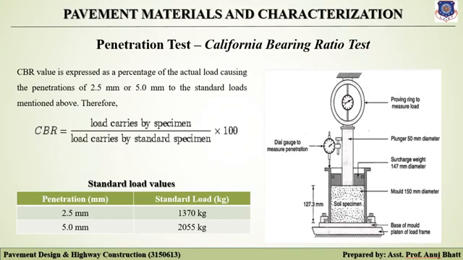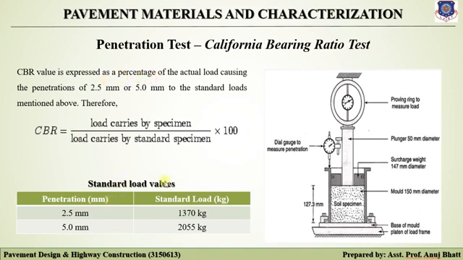The formula to calculate the CBR is load carried by the specimen divided by the load carried by standard specimen, into 100. So here we will get the CBR value in percentage.